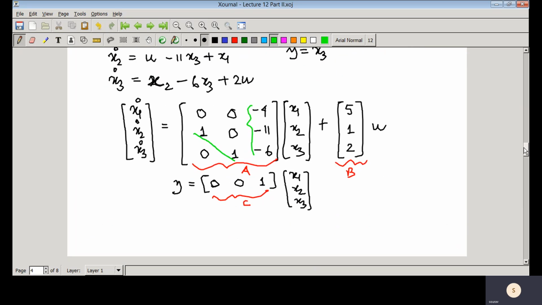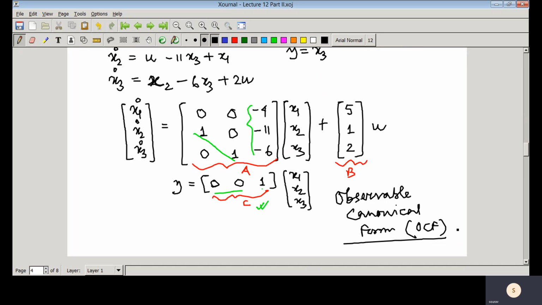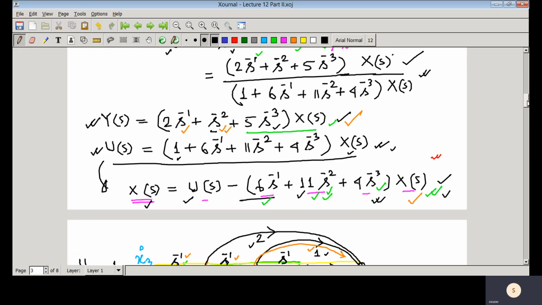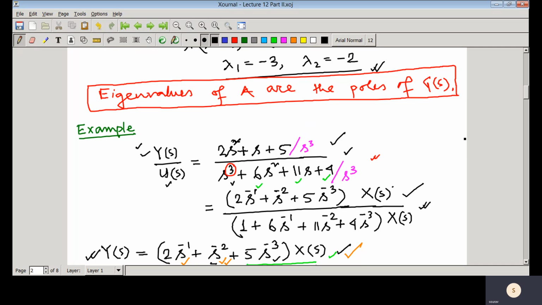But here you can see that C matrix has some structure, all zeros, and the last one is 1. So this particular structure is called observable canonical form, OCF, observable canonical form.